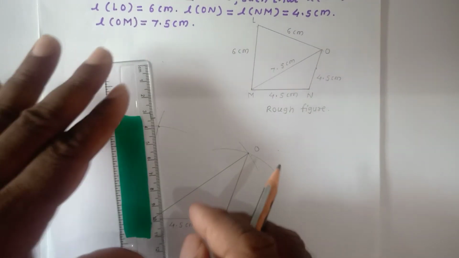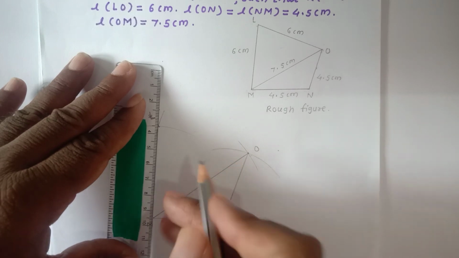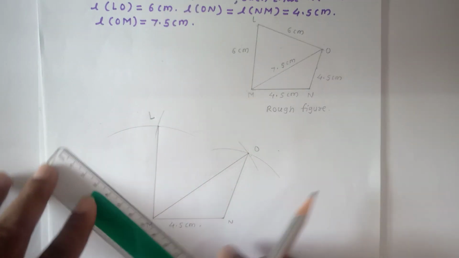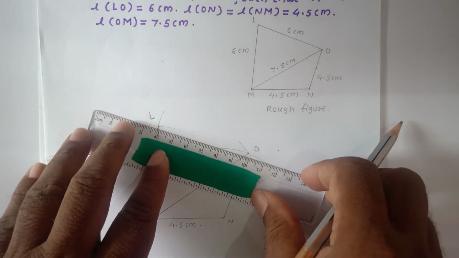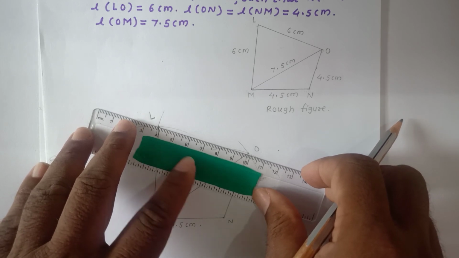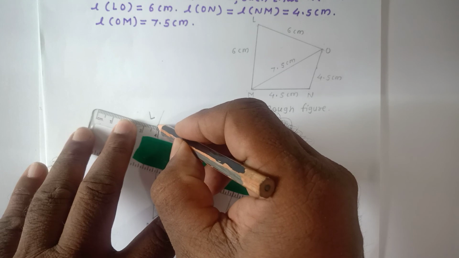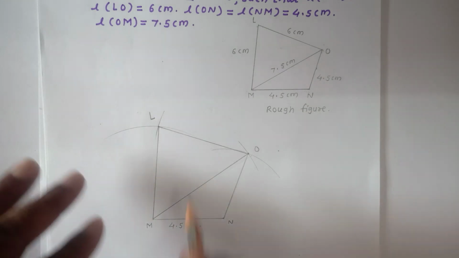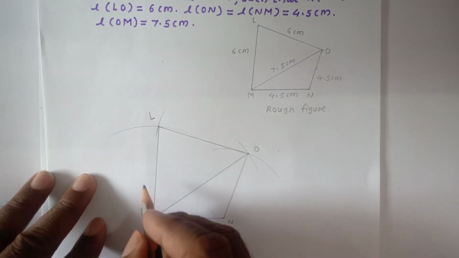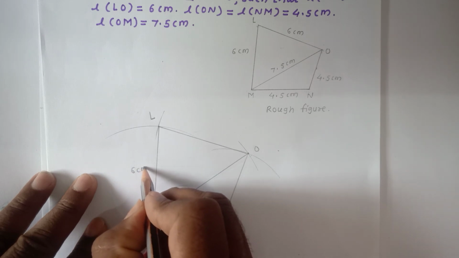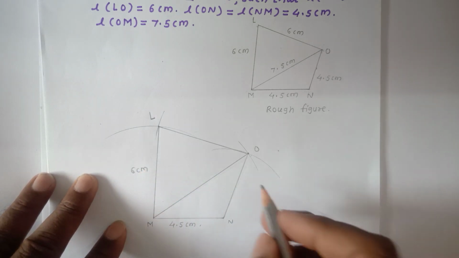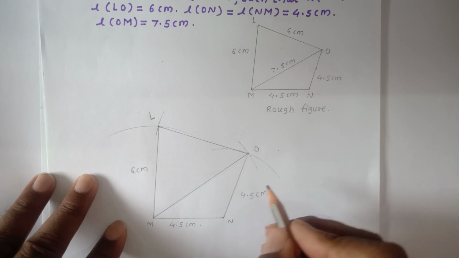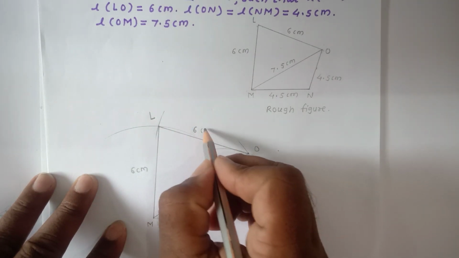Now join LM, also join LO. Now write the measures: length LM 6 centimeter, length MN 4.5 centimeter, length NO 4.5 centimeter, length LO 6 centimeter.